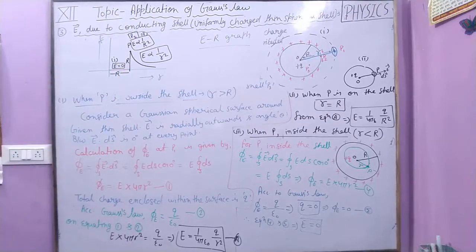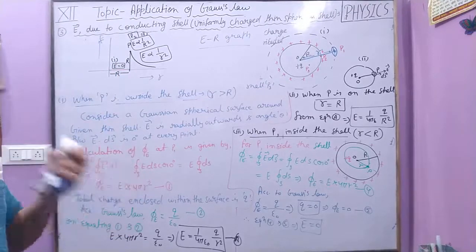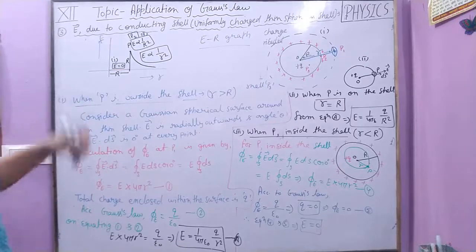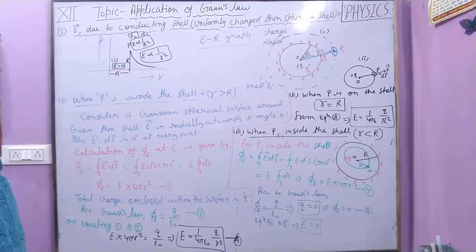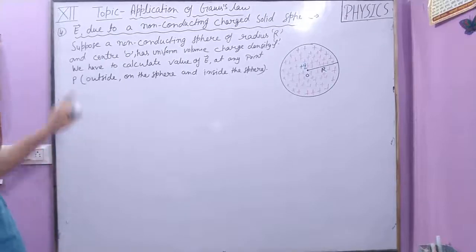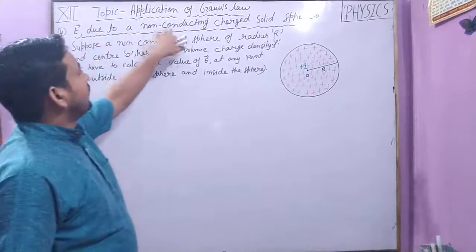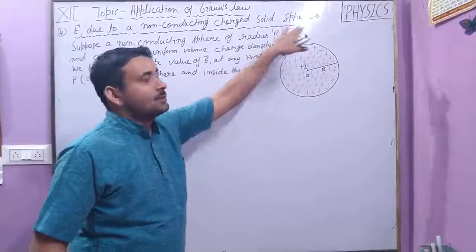Okay, so this is all about the electric field due to a conducting cell or uniformly charged thin cell. Next, we understood the last application, non-conducting cell. Okay students, next is the electric field due to a non-conducting charged solid sphere.